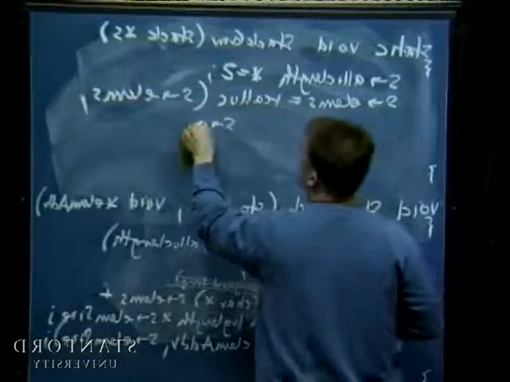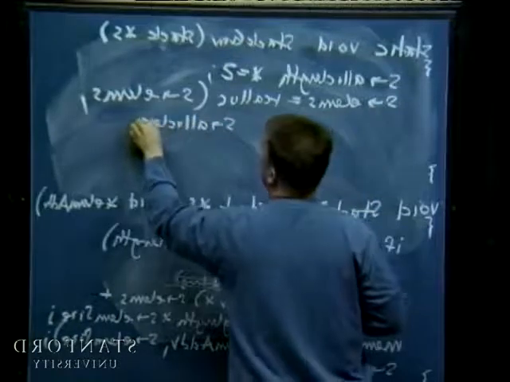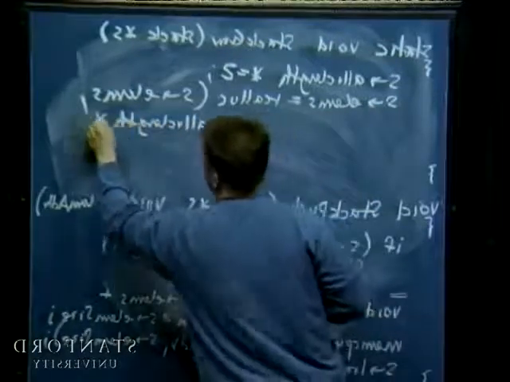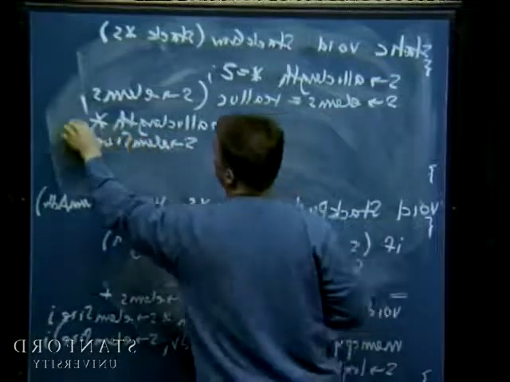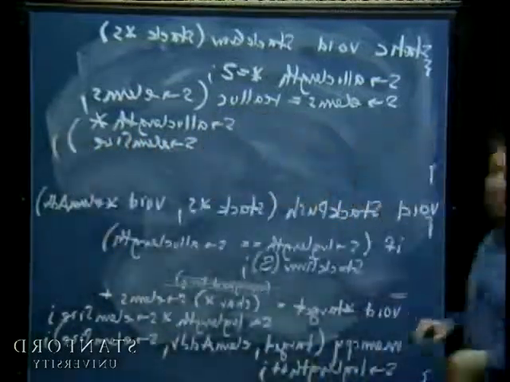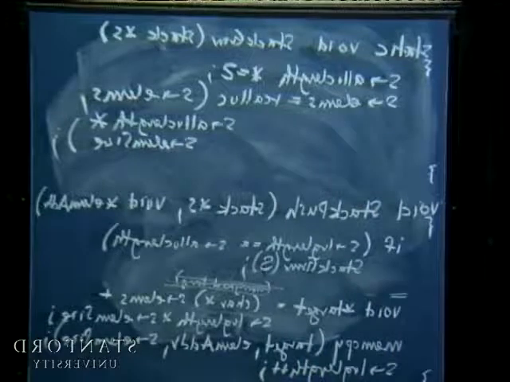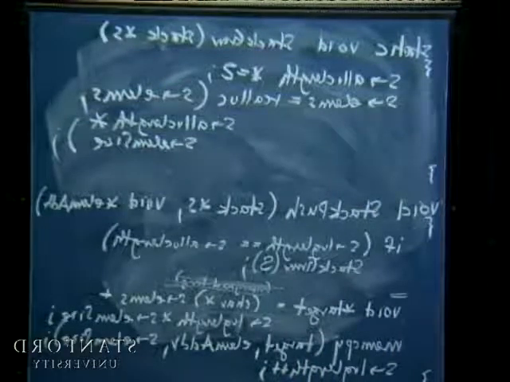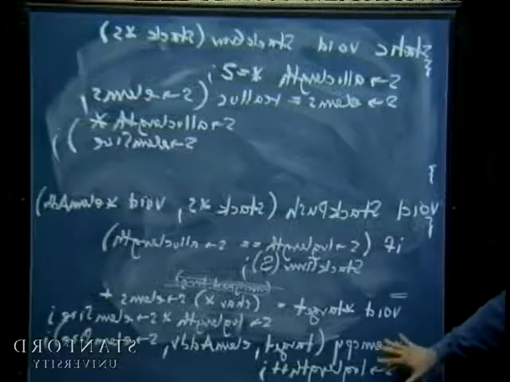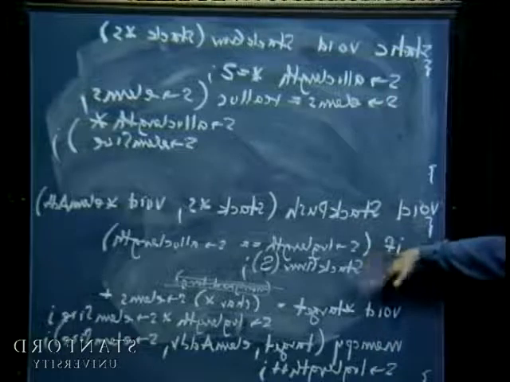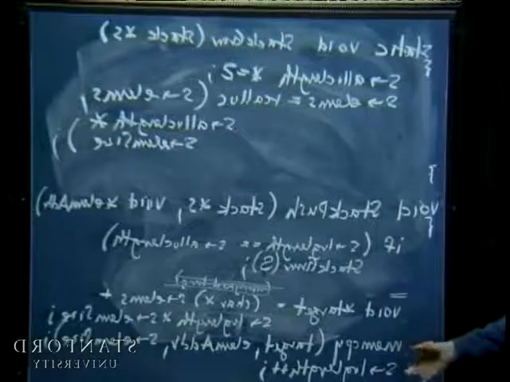S arrow alloc length times S arrow lem size. After 20 years of coding with C, I forget the lem size every time I write a realloc request. Okay? Make sense? That's the cleaner way to write it, I think. Okay, it makes this focus on the interesting part that's hard to get and kind of puts this aside as uninteresting. Okay.